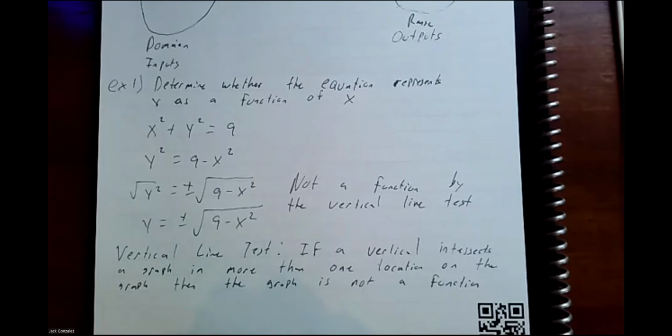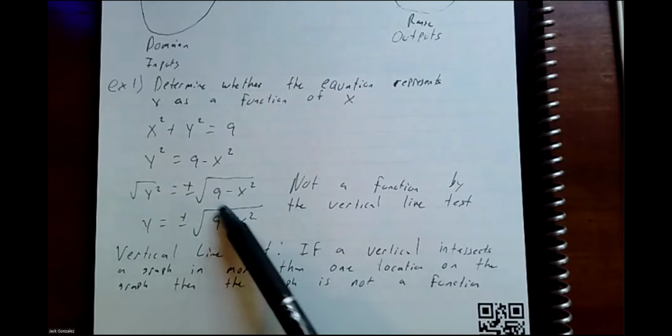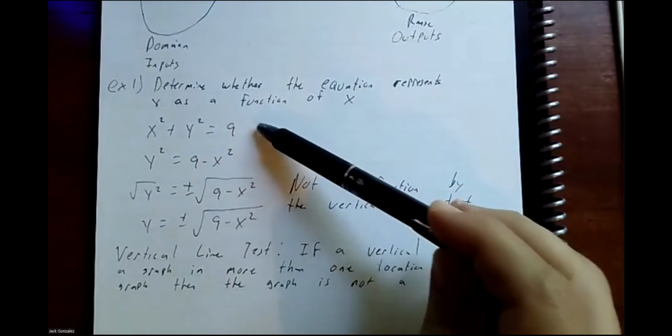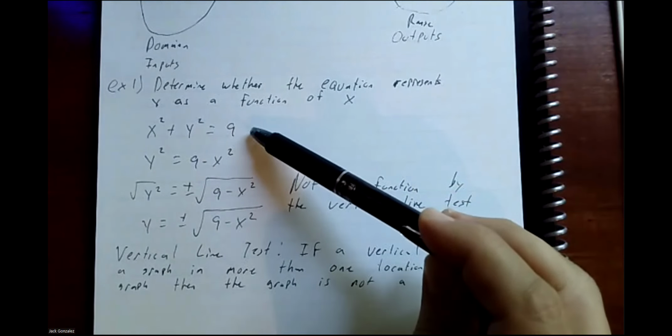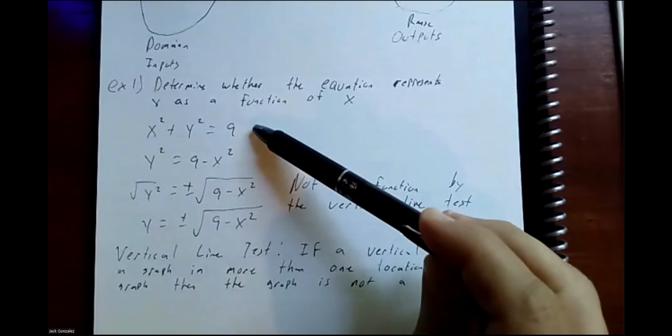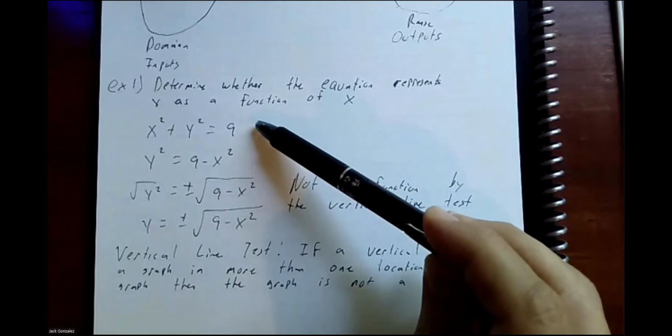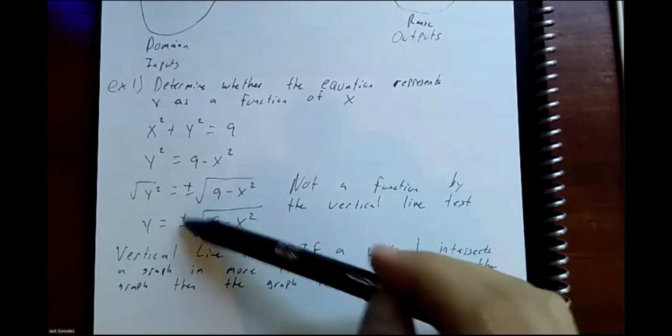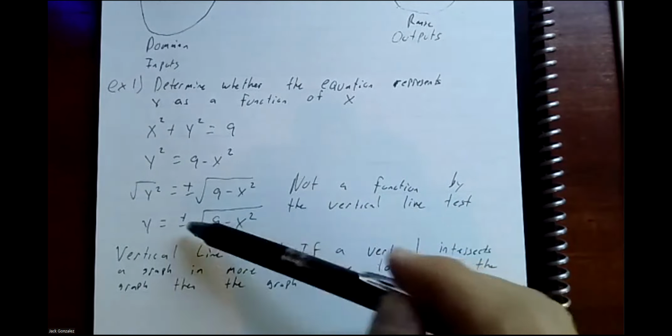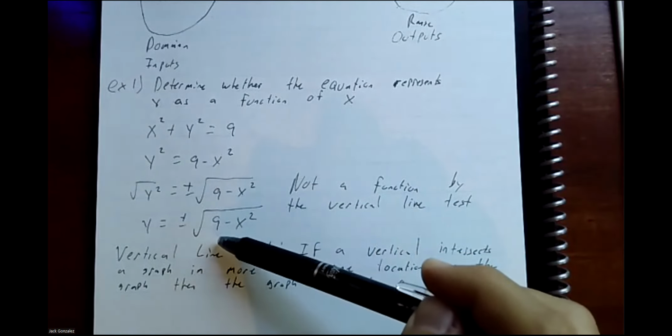Because you can always graph this. I mean, you should know since we talked about it before, this is a circle. You should know that no circle is a function because you'll always intersect it more than once. If you try to solve it, this plus or minus is going to violate it because you'll have two different outputs with the same input.